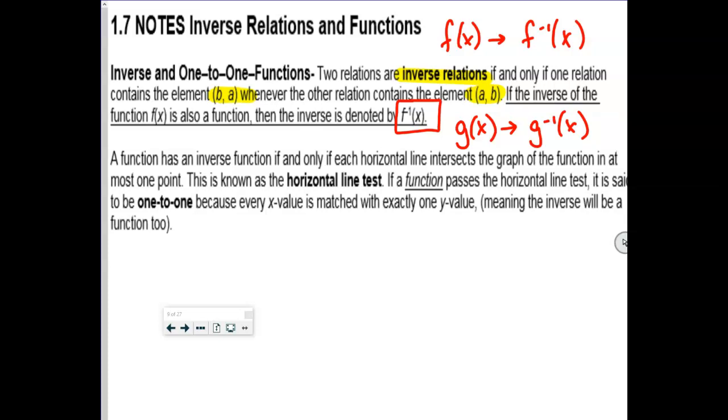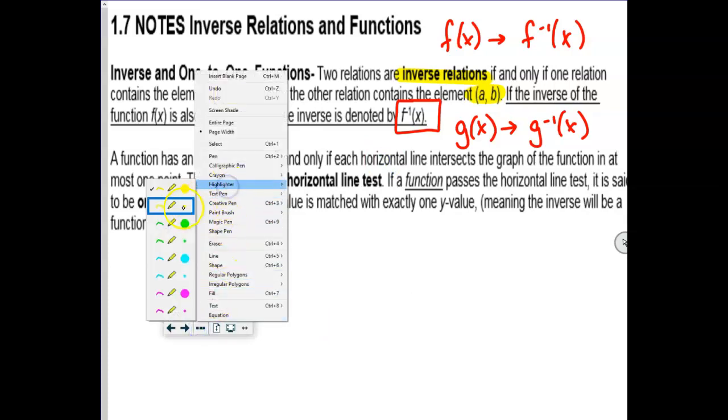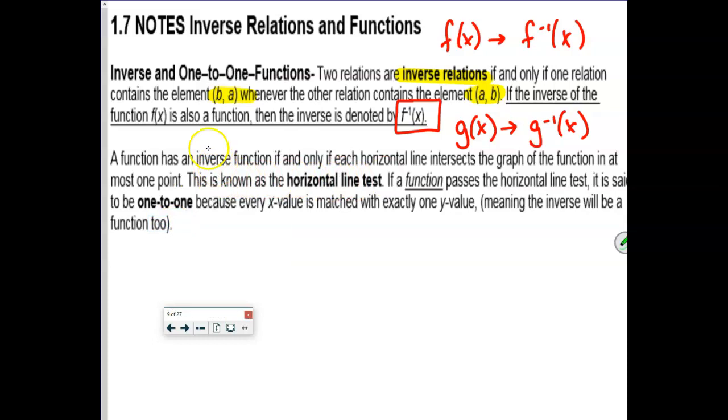All right, here's some more highlighting for you. What does it tell me about the horizontal line test? It says a function has an inverse function if and only if it passes the horizontal line test, is what this is saying. And here's what I will also tell you.